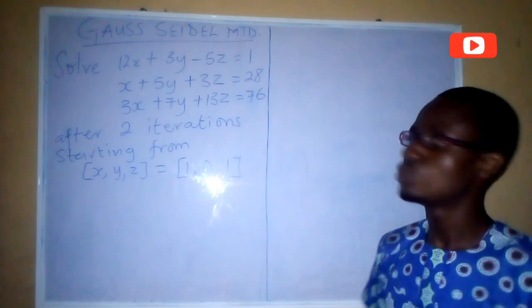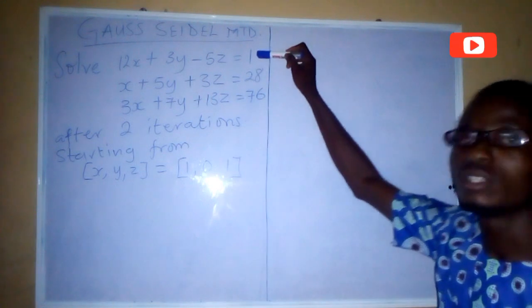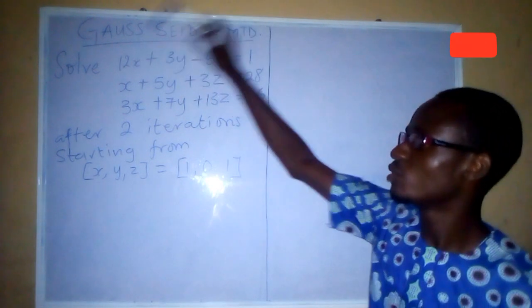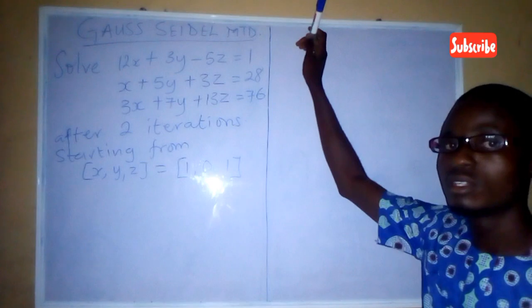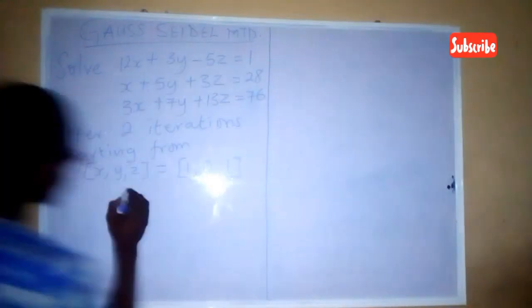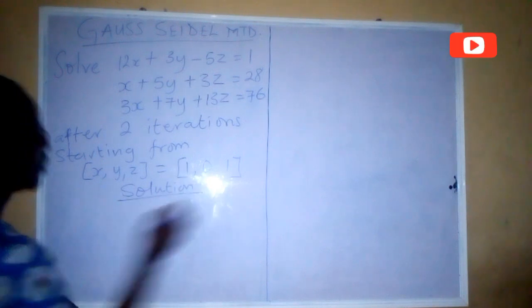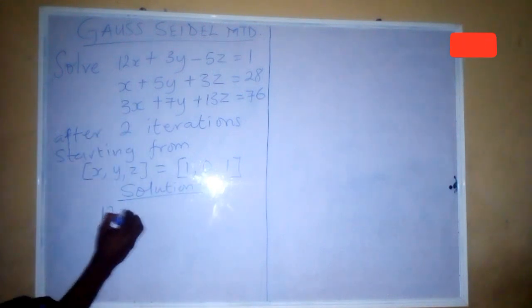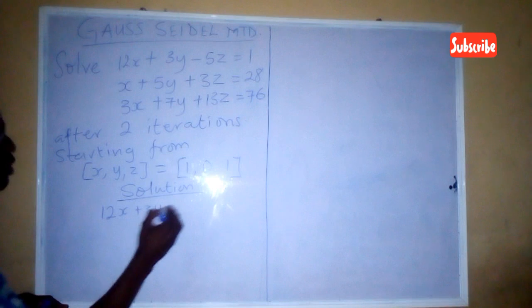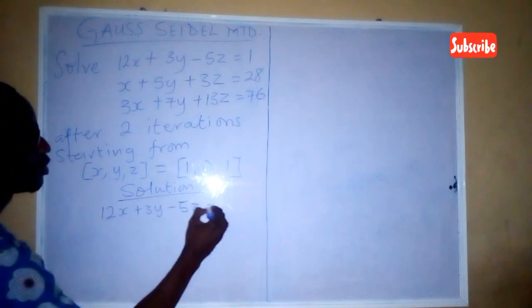Firstly, this is equation 1. You make x the subject of the formula in equation 1. We have 12x plus 3y minus 5z all equals 1.